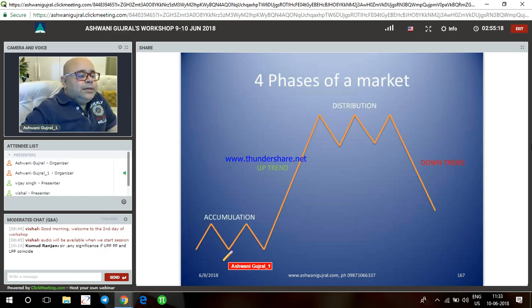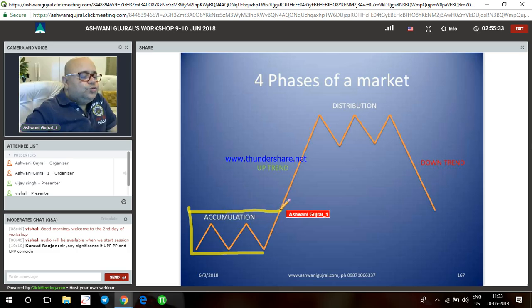Now let's start with swing trading. All of you must be aware of the four phases of the market. First phase is accumulation. This is where large institutions, money management, pension funds, they accumulate an instrument. Once their accumulation is done, the price breaks out.